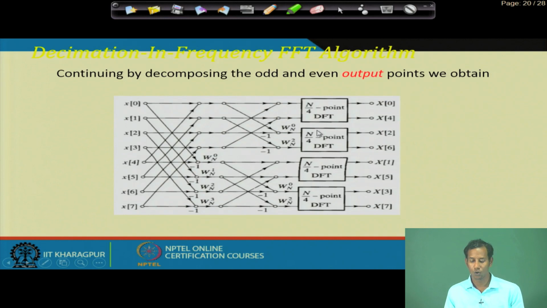Then using N by 4 point DFTs we can also easily compute this. It is just the reverse case of the fast Fourier transform we have already seen.